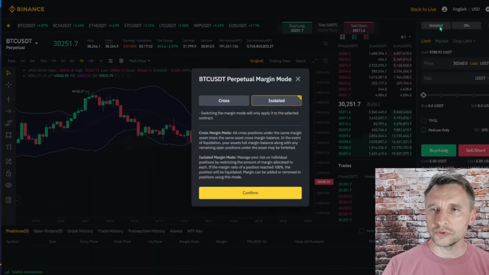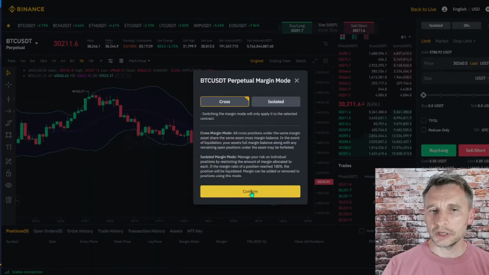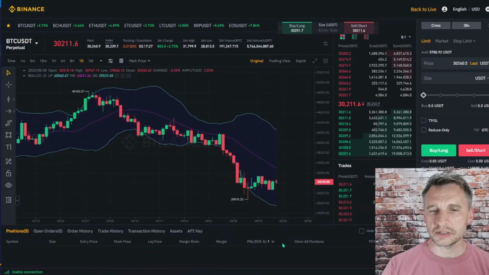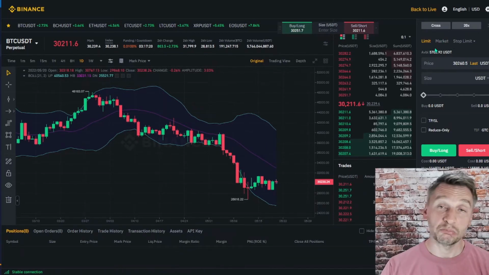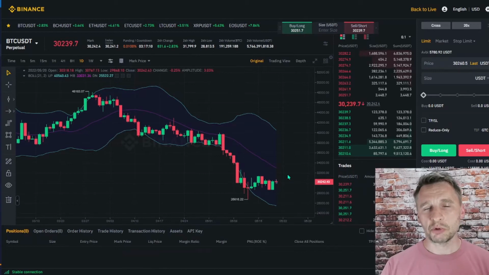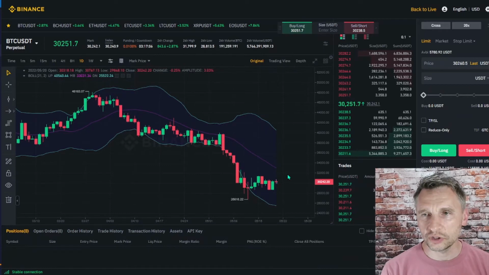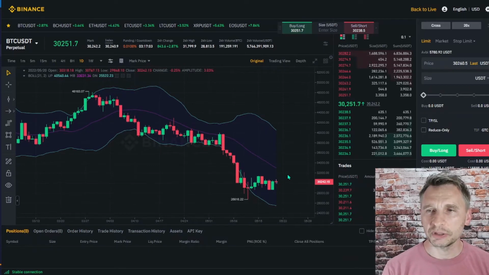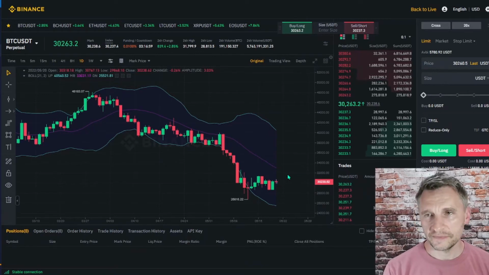In cross, when you use the cross position, your position doesn't become liquidated until all of your remaining balance basically disappears. So the benefit, I guess, of cross is that if unexpectedly the market decides to turn in the opposite direction of where you thought it would go, you will have a little bit more wiggle room before the position closes.